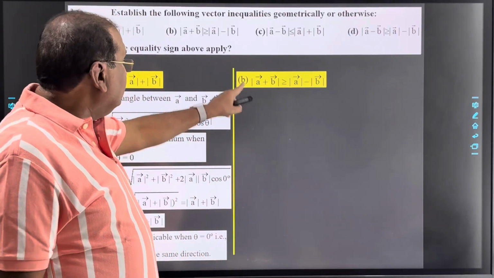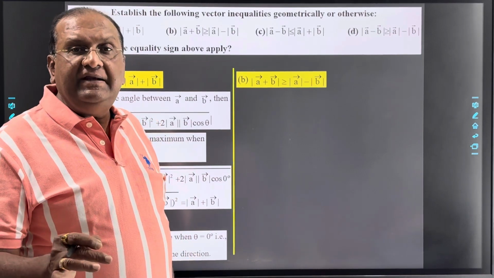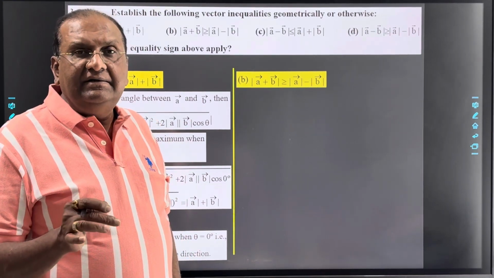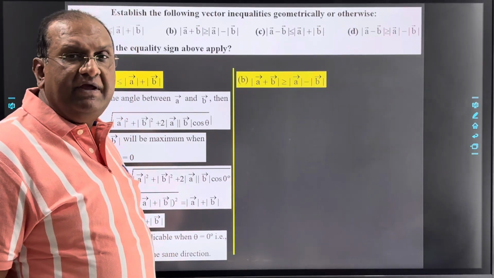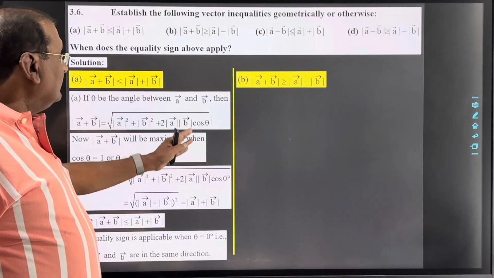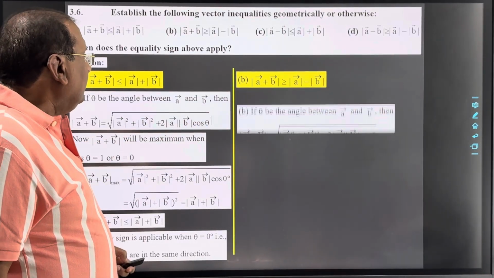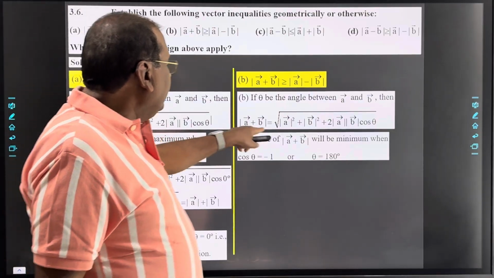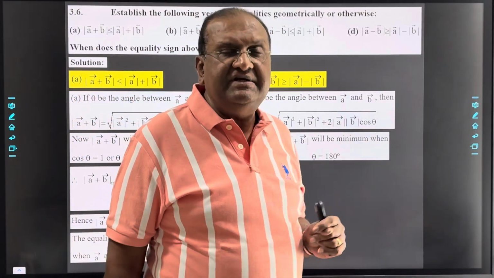It implies that in this particular case, we have to find the minimum possible value of magnitude a plus b. In the same manner, if we consider the angle between a and b as theta, then we can write the magnitude is under root a square plus b square plus 2ab cos theta.